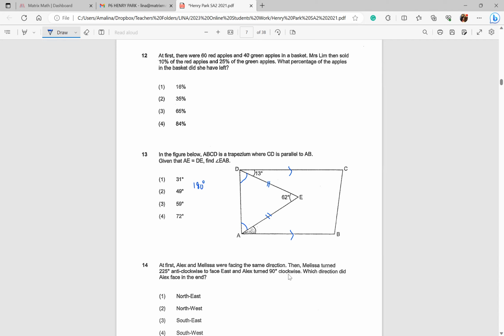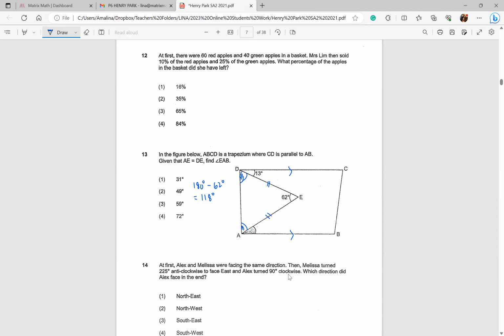Okay. I minus off my 62 degrees. So 180 minus 62. I get 118 degrees for these two angles. So these two angles combined is 118 degrees.